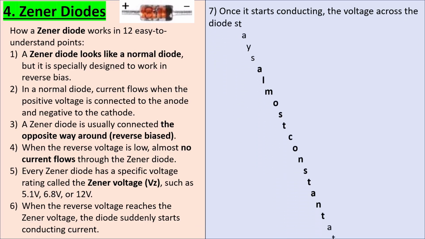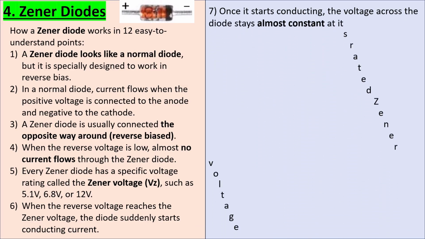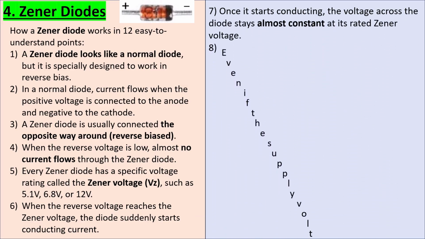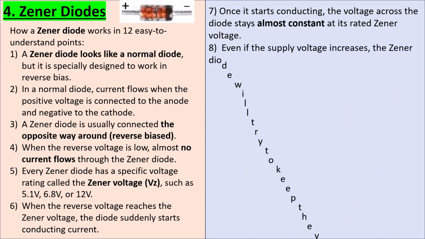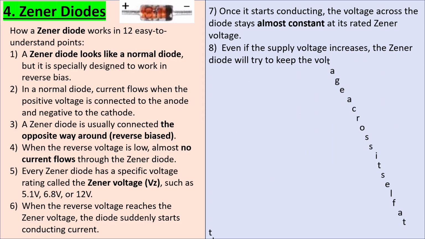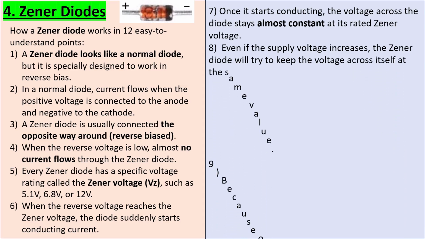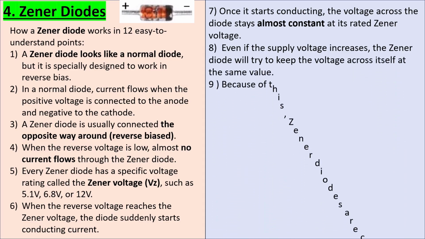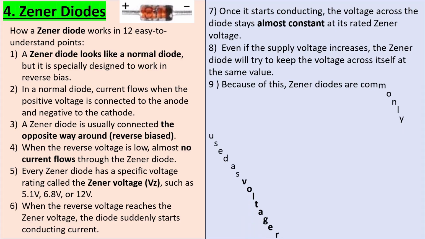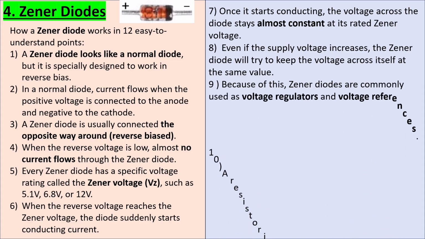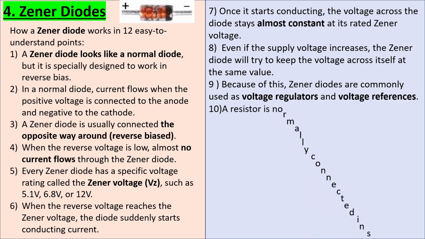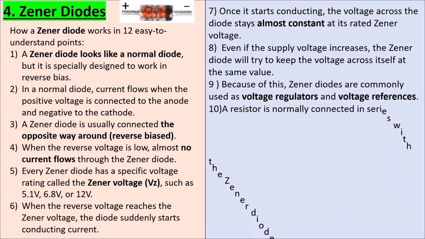Once it starts conducting, the voltage across the diode stays almost constant at its rated Zener voltage. Even if the supply voltage increases, the Zener diode will try to keep the voltage across itself at the same value. Because of this, Zener diodes are commonly used as voltage regulators and voltage references.